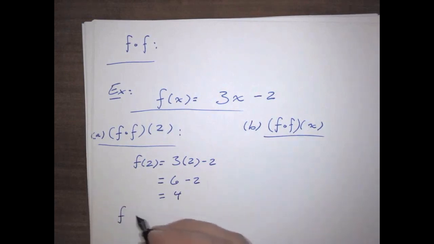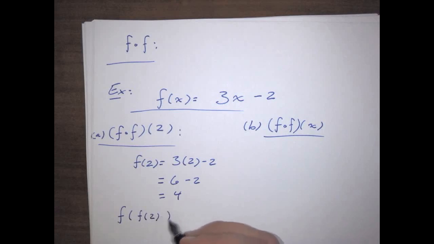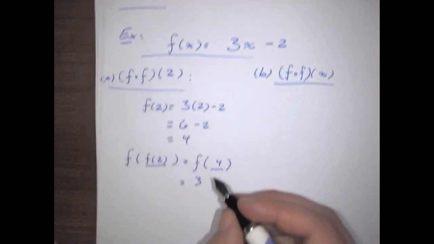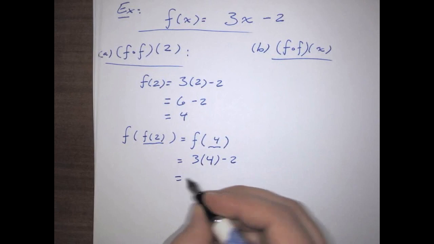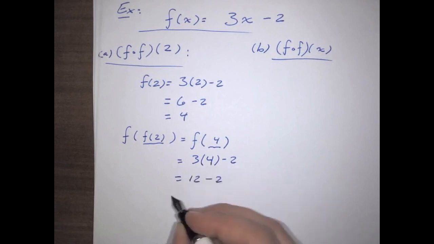And now we say, what is f of f of 2? Well, we already figured out that the inner part of this evaluates out to make 4. So then it's just a question of what is f of 4? Well, that's going to be 3 times 4 minus 2, which is going to be 12 minus 2, or in other words, 10.